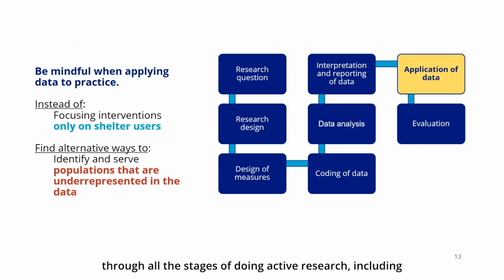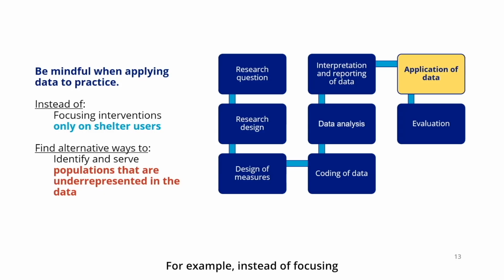After we have moved through all the stages of doing active research, including interpreting and reporting findings, we would now want to apply this to inform real-life interventions and solutions. Be mindful and intentional about how this data is applied to practice.